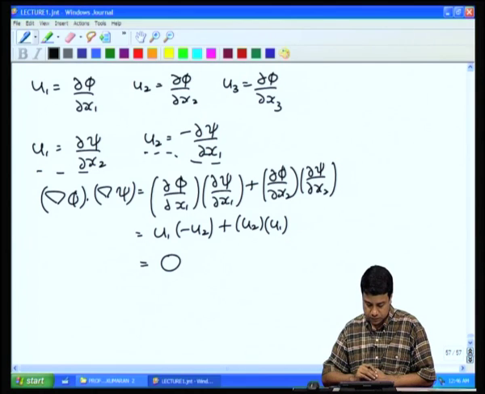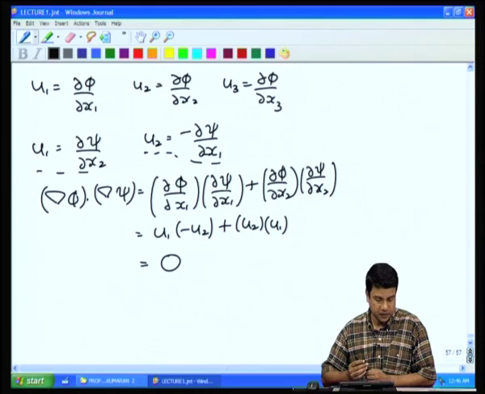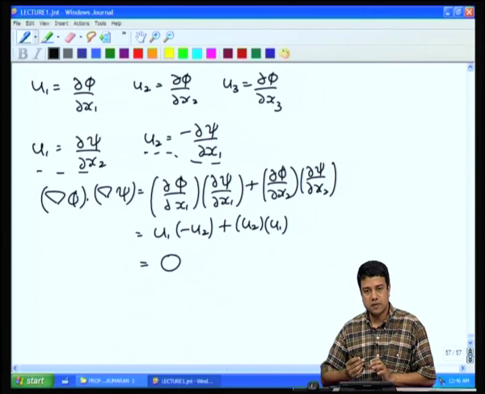This is not surprising, because I showed you earlier that the velocity was equal to the gradient of the potential, and equal to the curl of the stream function for two dimensional flows. So, it is no surprise that these two are perpendicular to each other. This gives you some ways of understanding what the divergence and the curl of the velocity physically represent.